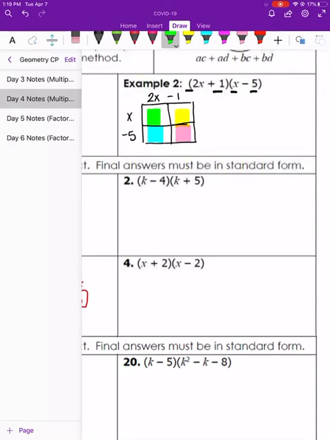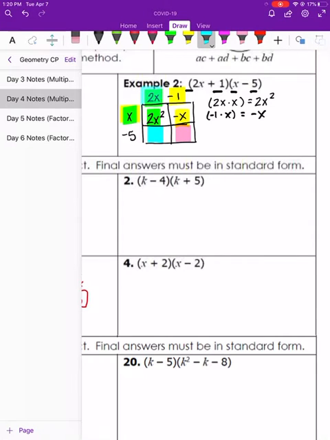So for my first one, I'm going to have 2x times x. This is going to give me 2x squared. Then for my yellow one, it's going to be the negative 1 and the x. So negative 1 times x equals negative x.